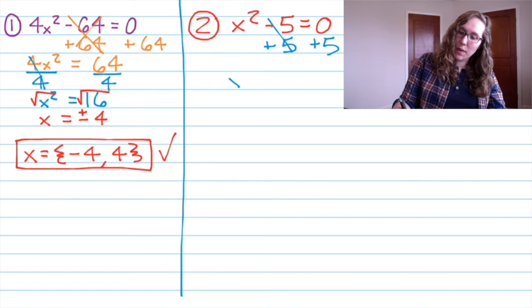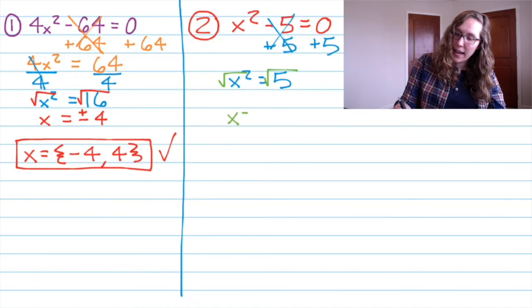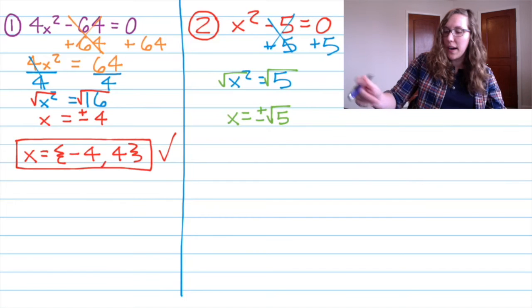That leaves us with x squared equals 5, because those canceled out in the middle. And remember, we just learned that the opposite of squared is square root. So we're going to do that to both sides. And I get x equals positive and negative square root of 5.